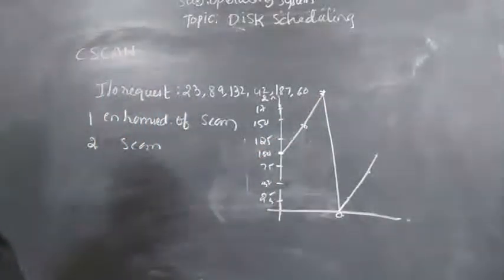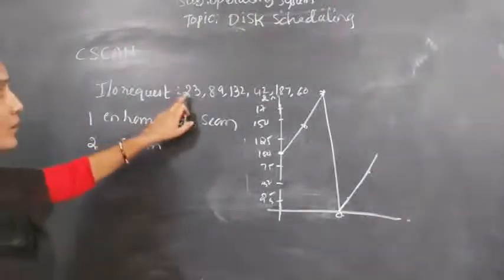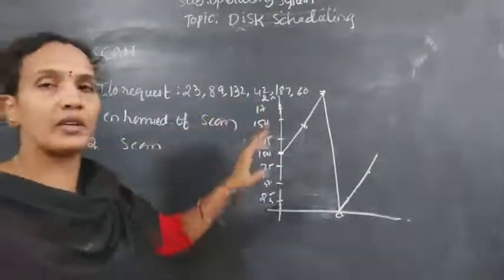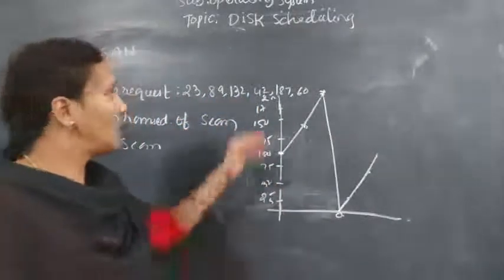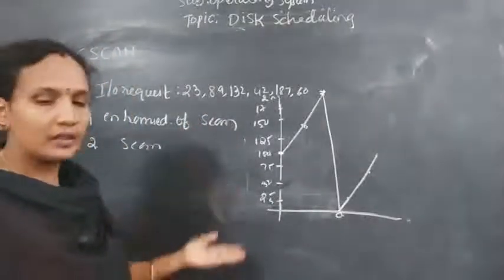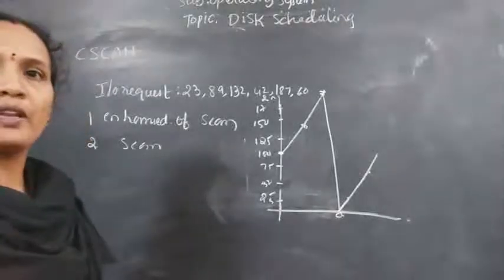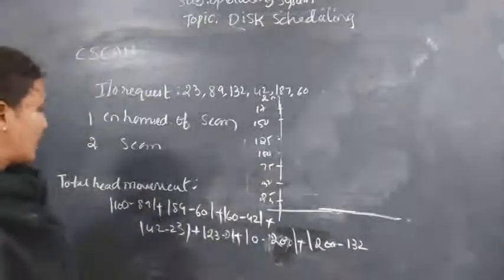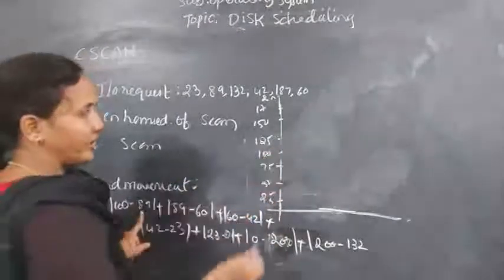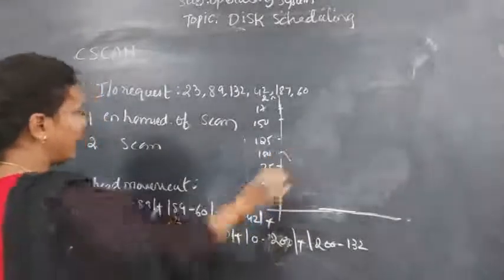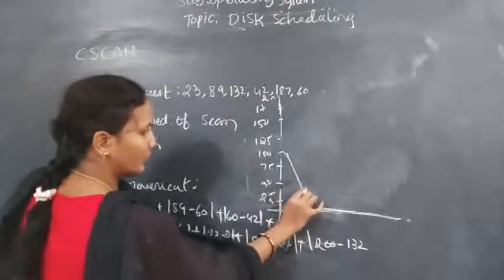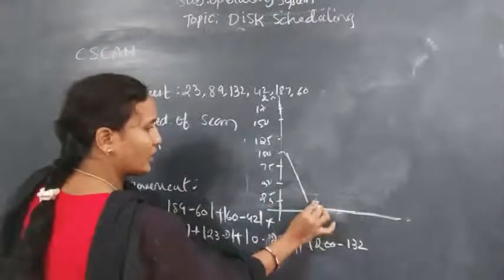So here I have given some input and output requests. You can see 23 means a track number: 23, 89, 132. The same track numbers I have given for each and every algorithm. The initial point is, for example, 100. You can take this direction or you can change the direction. Right now we are at 100. Next, 100 to 89, 89 to 60, 60 to 42, 42 to 23, 23 to 0.